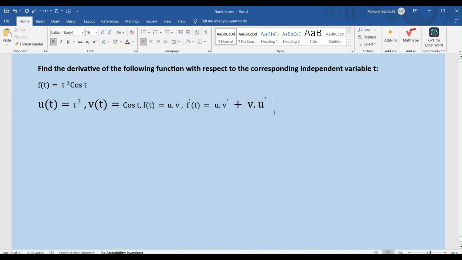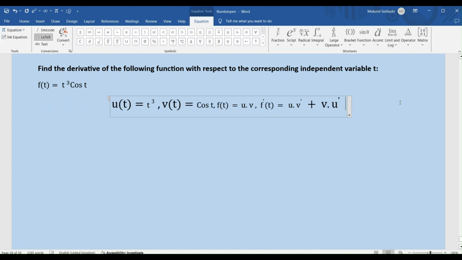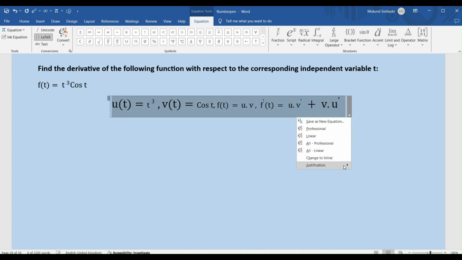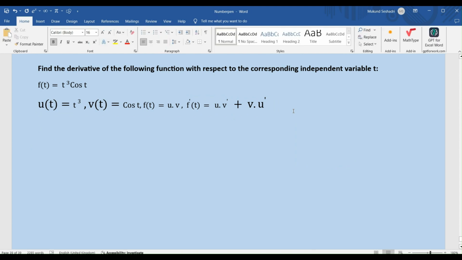So before I solve for t cube, let's generalize this and call it g of x, and solve for, say, x to the power n, right? So let's call g of x equals x to the power n, right?